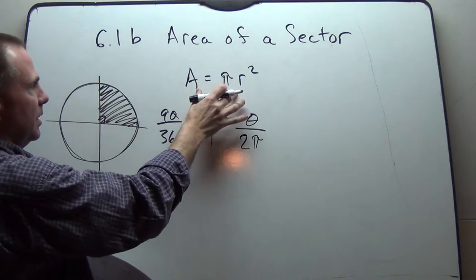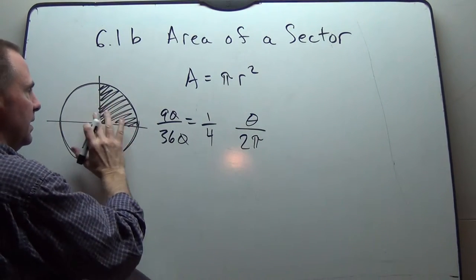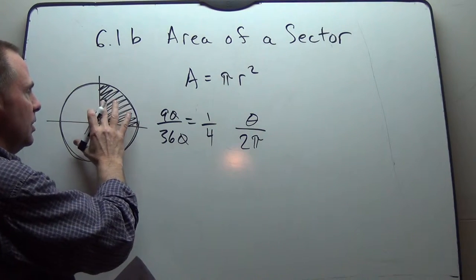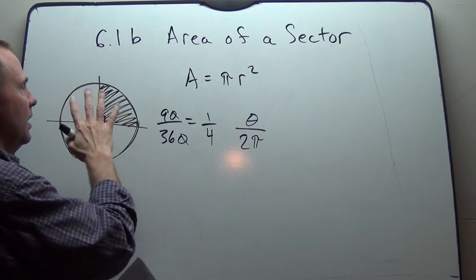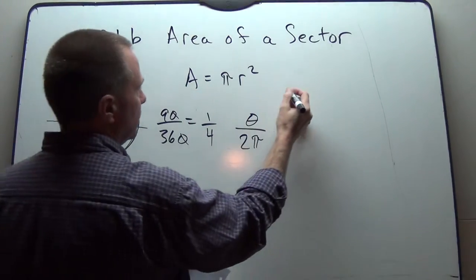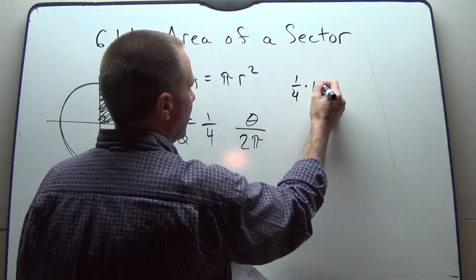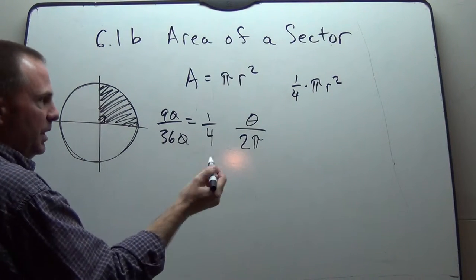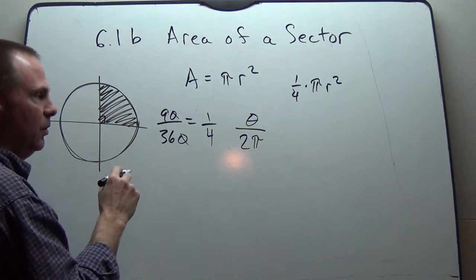Alright, so let's just talk about this piece again real quickly. If I want to know how much of this is shaded, in common sense terms, you'd say this is 1/4 of the whole area. So you would say that's 1/4 of pi r squared. Well, the 1/4, how did we get that? By the part divided by the whole.